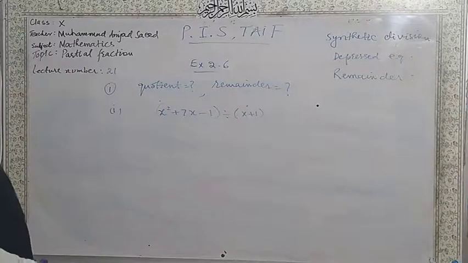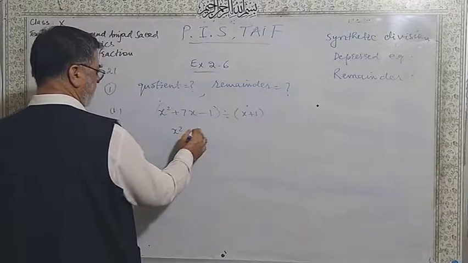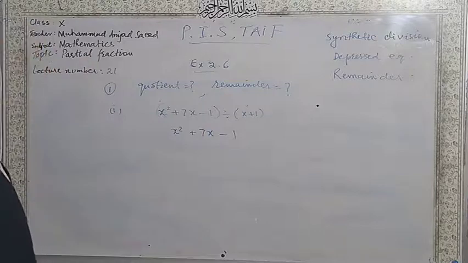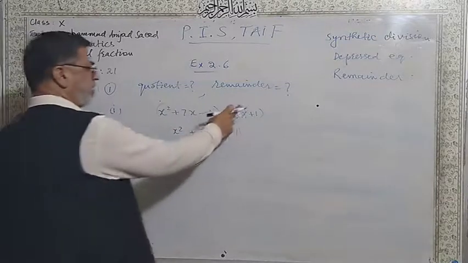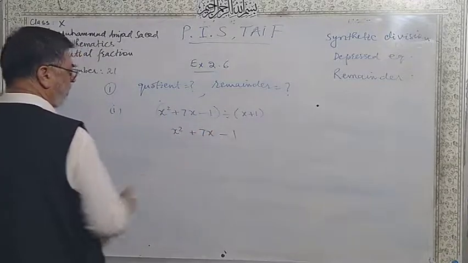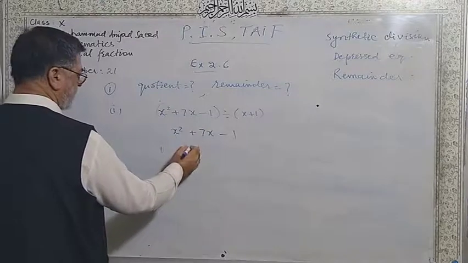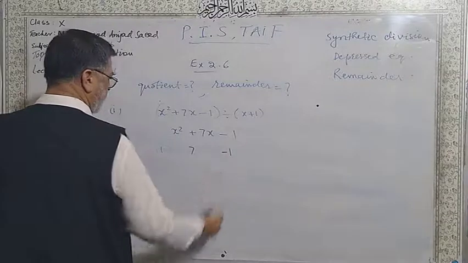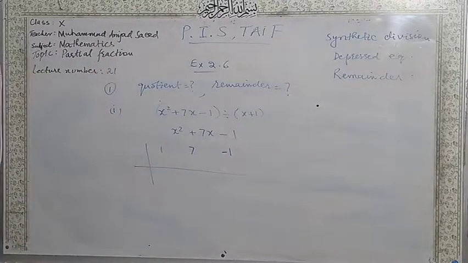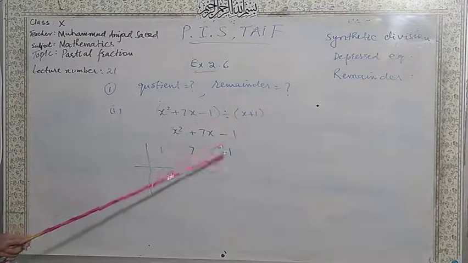First of all, you write down the equation x square plus 7x minus 1. x plus 1 will divide this. First of all, you will write down the coefficient of x square as 1, coefficient of x is 7, and the constant is minus 1.